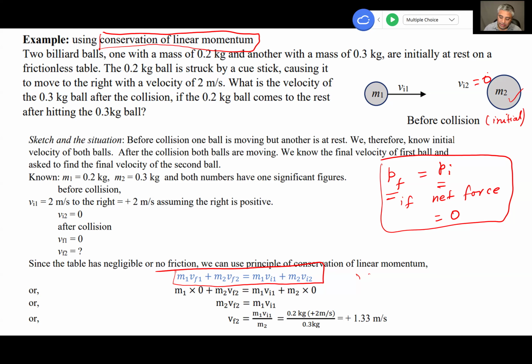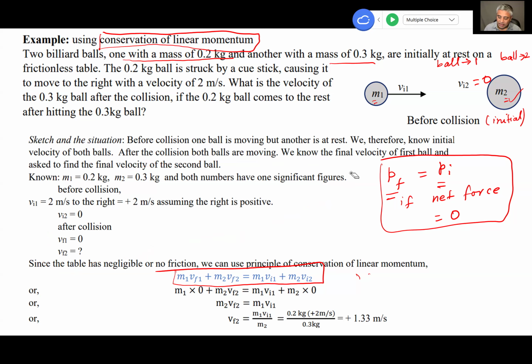One ball has mass 0.2 kilogram, another 1.2, right? Both of these are balls, and the one with the larger mass we call subscript 2. So ball number 1 and ball number 2, and we want to list them like that, okay?